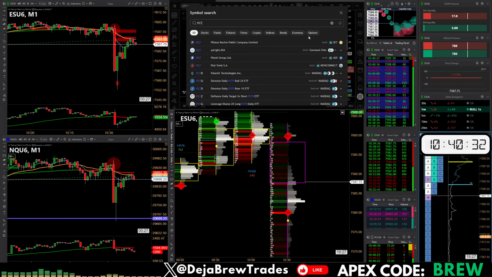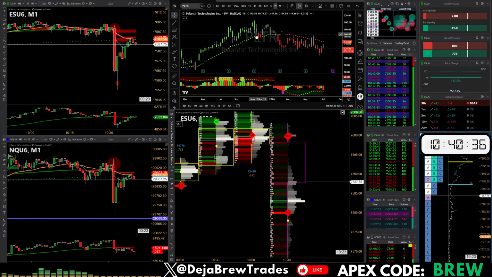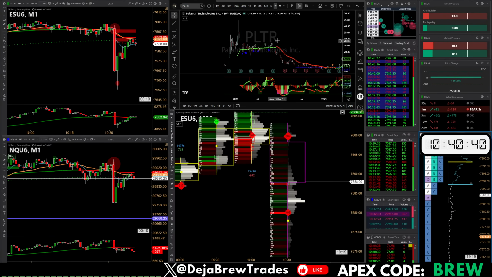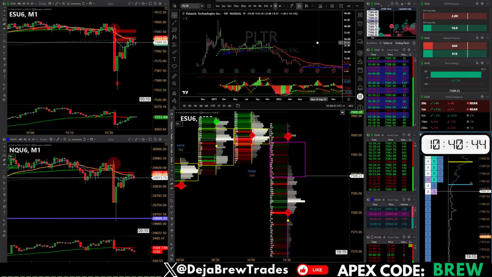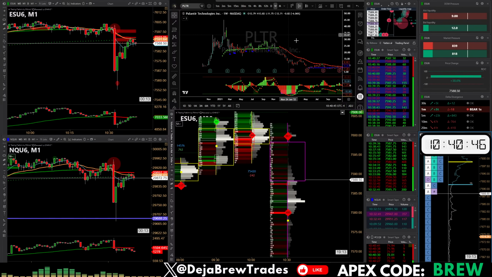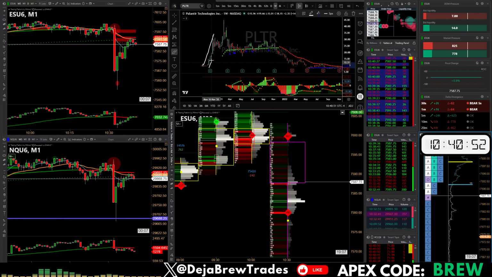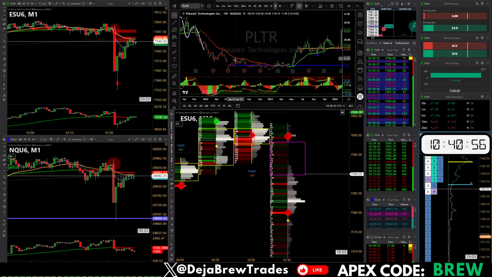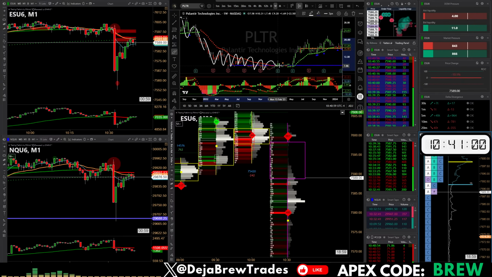The pattern is the PLTR pattern, which is so hard for me to bring up because we talked about this one for so long and somehow we forgot about it. And somehow we did not trade this. But yeah, this is the pattern. So this is the good version of the pattern. The good version of the pattern is when it kind of blows up after the IPO and then it goes into that accumulation phase where it nukes for a long time and then it accumulates for like a year or two.